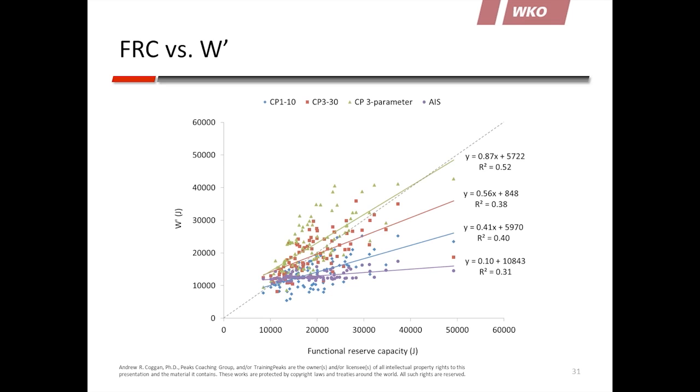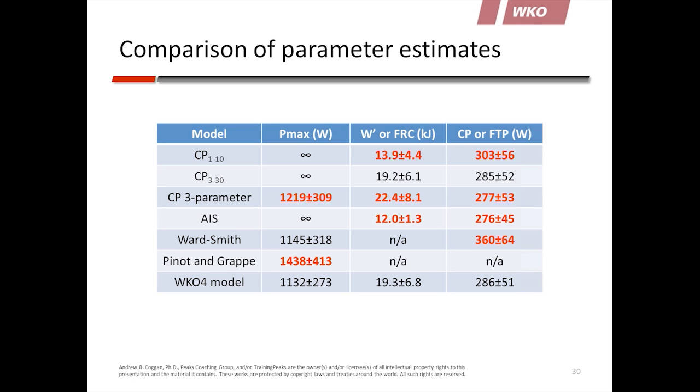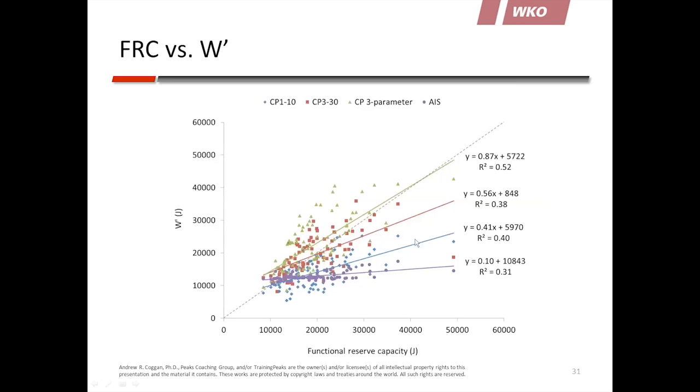As you can see, CP 1 to 10 gives us a smaller value. CP 3 to 30 gives us a similar value as the WKO4 model. The 3-parameter model gives a higher value. The AIS model gives a lower value. But even in the cases where they give similar values, they're not all that similar on an individual basis.